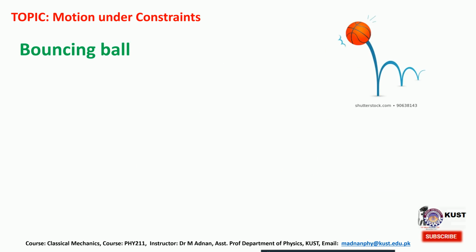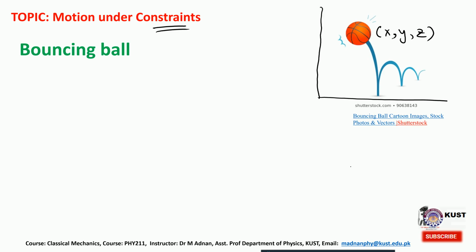In the classification of the constraint, here we'll go through another example, that is a bouncing ball, and this is a situation of the non-holonomic constraint. For example, if we just want to configure this bouncing ball such that it will be having a coordinate x, y, z, and let this is the z-axis, this is say y, and this is x.